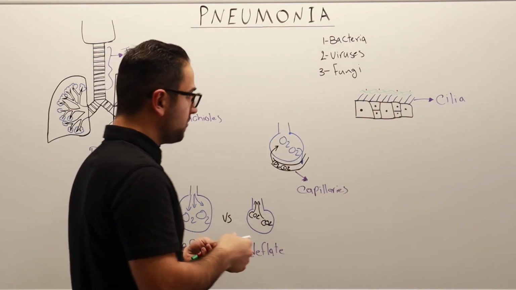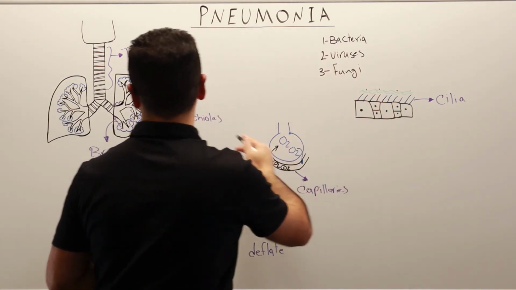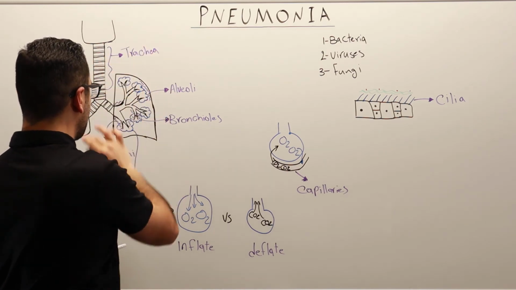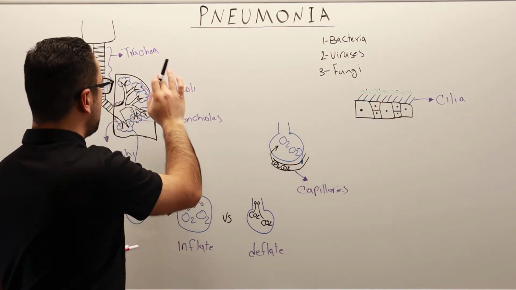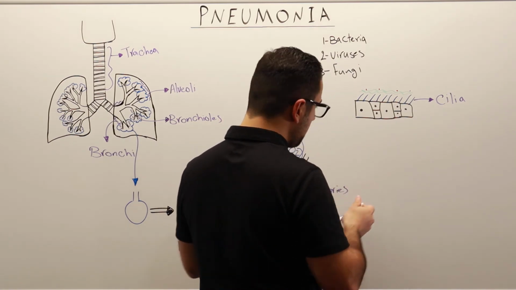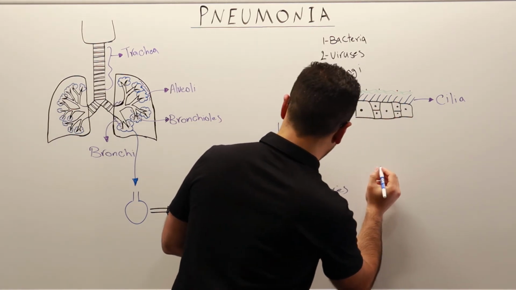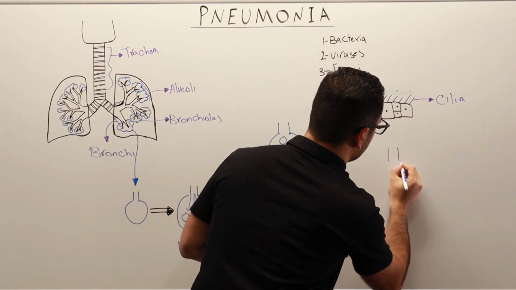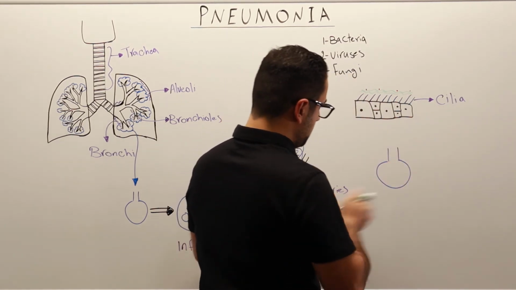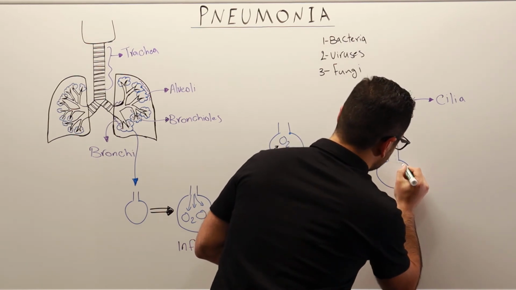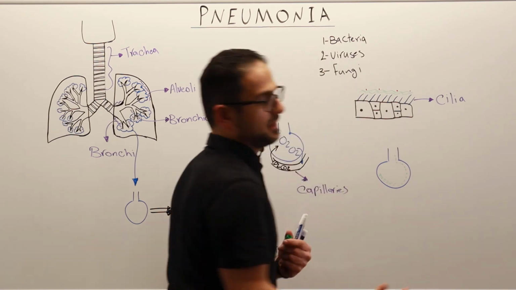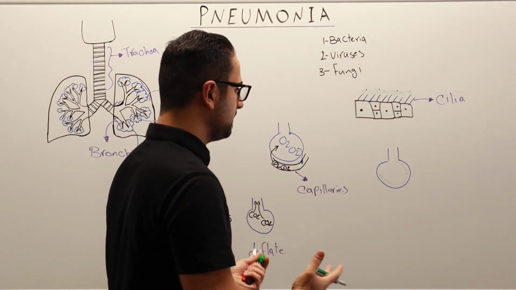The other way is, let's say that these germs make it all the way through the trachea, bronchi, bronchioles, and then alveoli. So let's say that we have this alveoli, and these germs come all the way inside. What they start doing is multiplying. It's a germ, it's going to start multiplying to live.